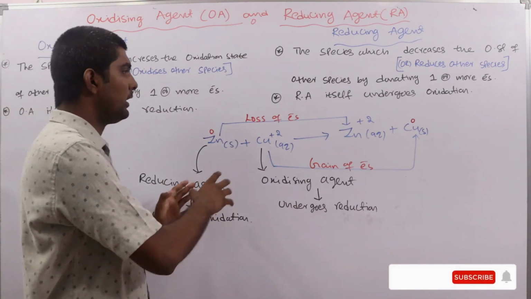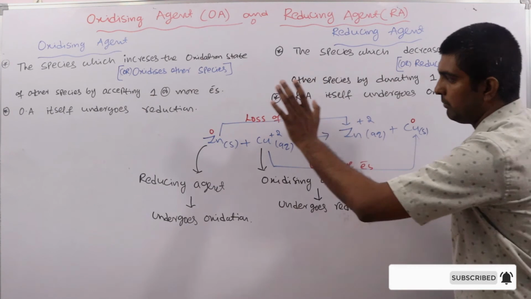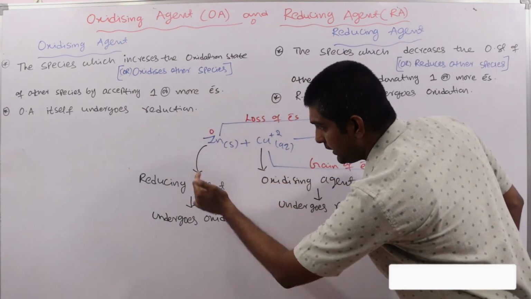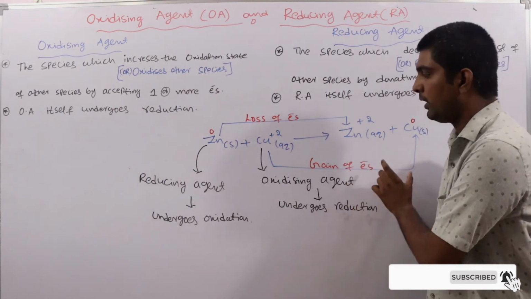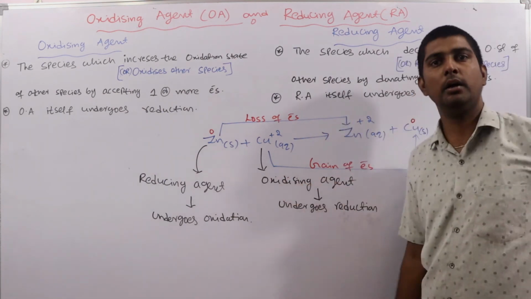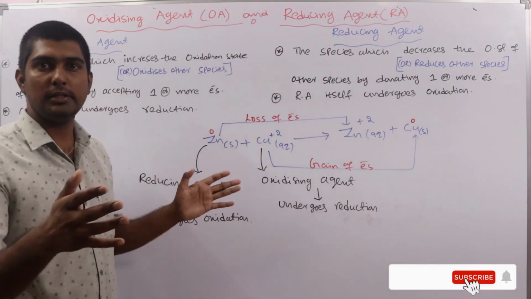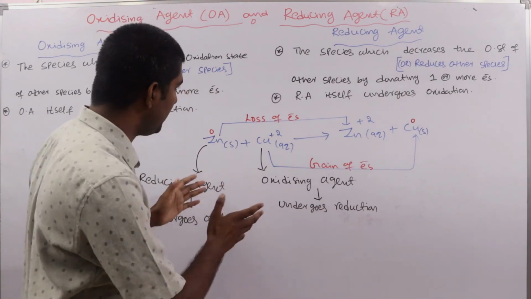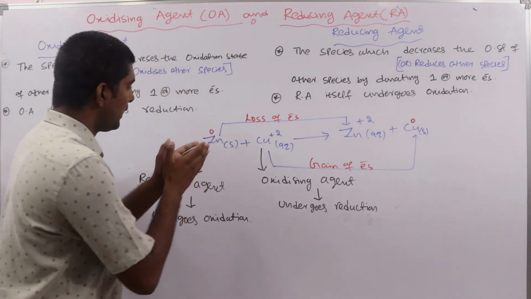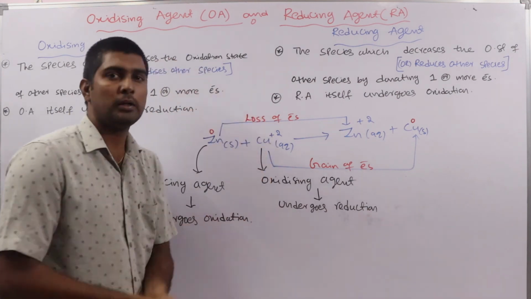Definitely in a redox reaction, the number of electrons lost by the reducing agent is always equal to the number of electrons gained by the oxidizing agent, because no electron is destroyed or created.